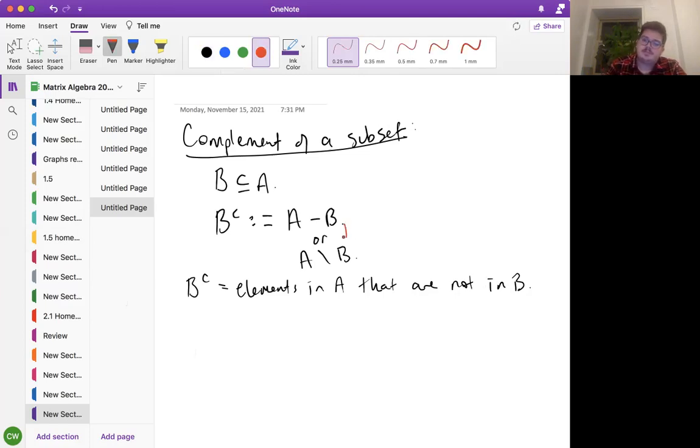These mean the same thing. It just means A without B, or A minus B.